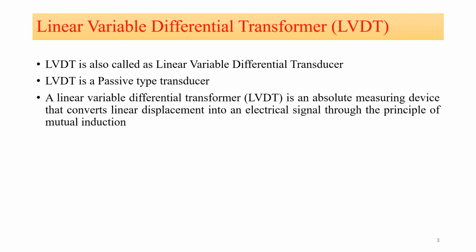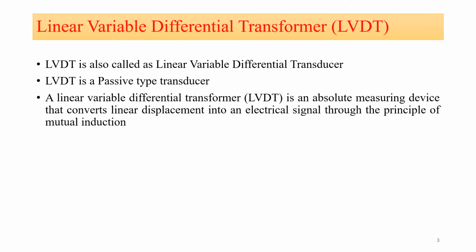Now an LVDT, or linear variable differential transformer or transducer, is an absolute measuring device that converts linear displacement into an electrical signal through the principle of mutual induction. Here the displacement is a physical quantity, and our objective is to convert the displacement into an electrical signal.